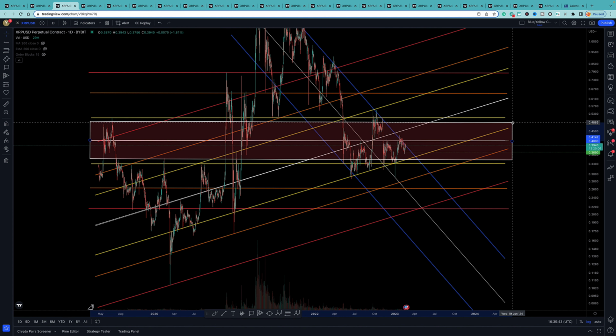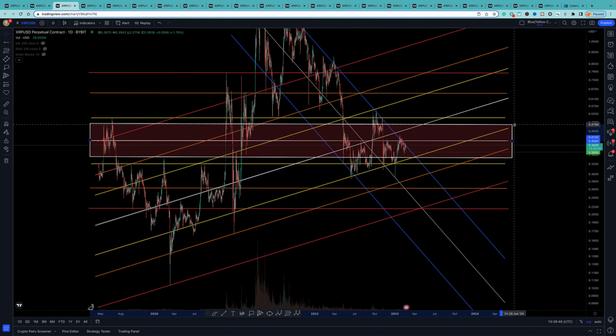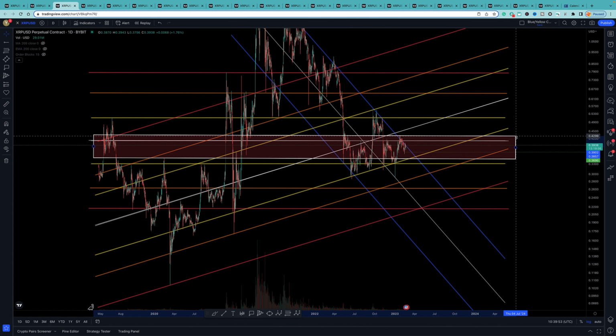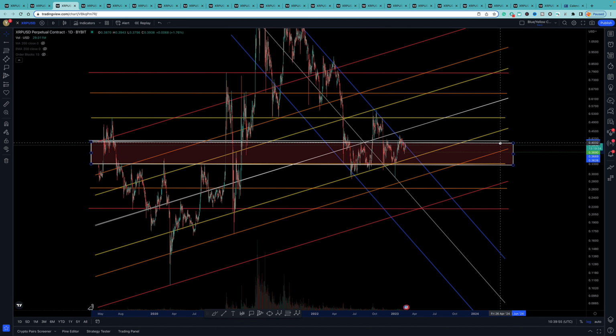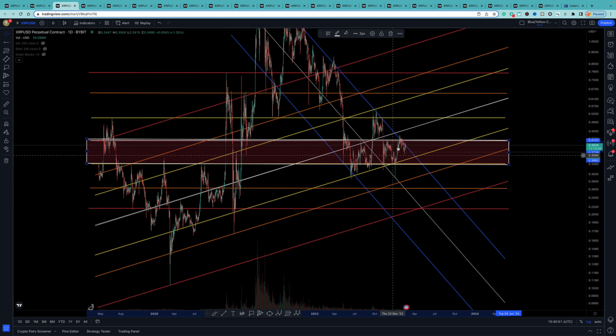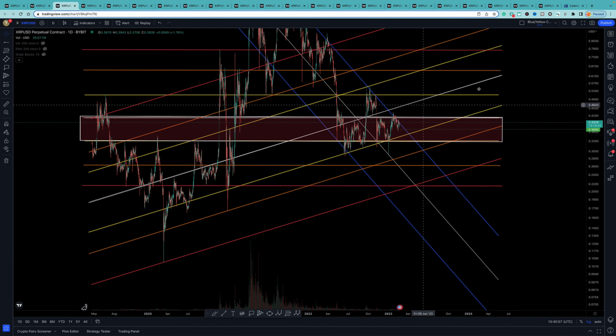Now equally, you can see this space here. And what I'm going to do is I'm going to put it here, because you can see there's the zone it's playing within at the moment. It's in this here, yeah. So now you have ascending channels as well.